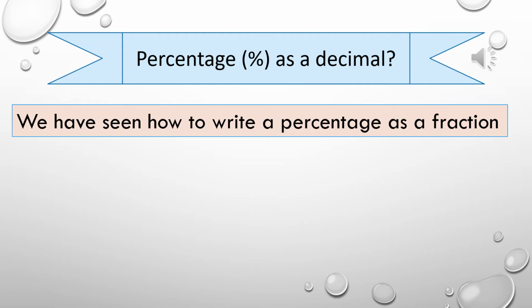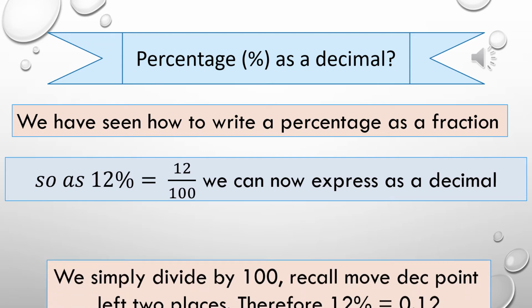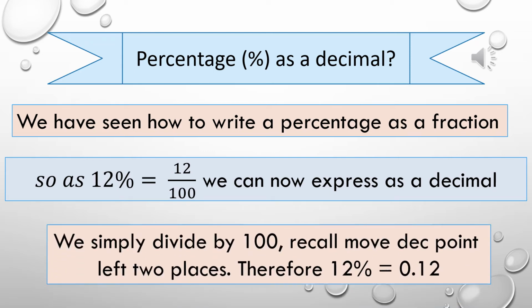On this slide, what we're going to look at is converting our percentage to a decimal. Now, the simplest way to do that is imagine that you've got this percentage. We know that the percentage sign tells us it's a fraction, really, out of 100. So we convert it. In this case, you can see that we've converted 12% to 12 over 100.